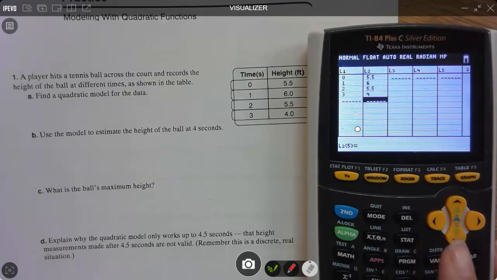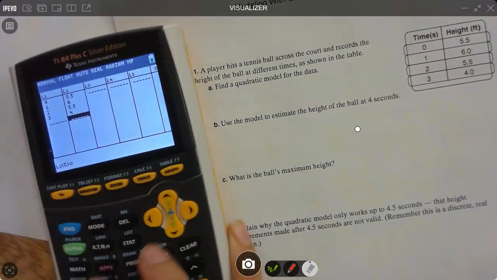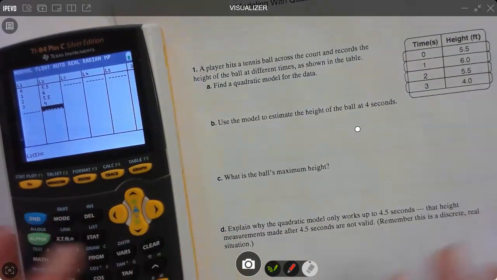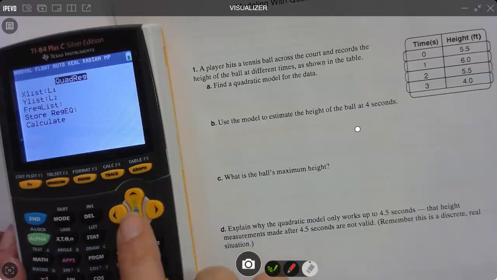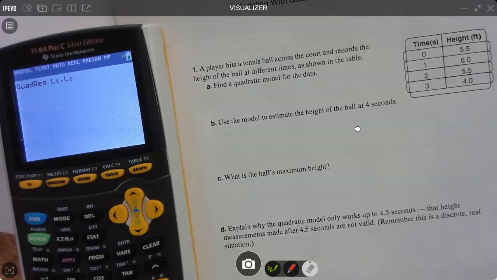Part A says find a quadratic model for our data. So stat calc option 5. Calculate.